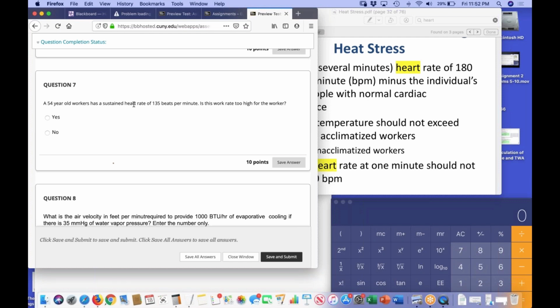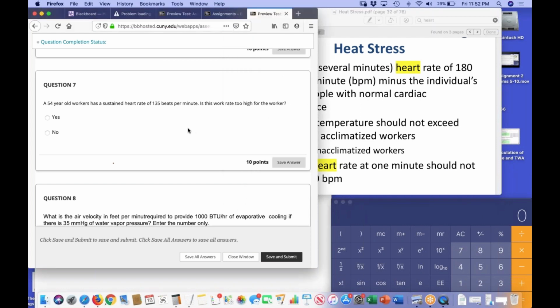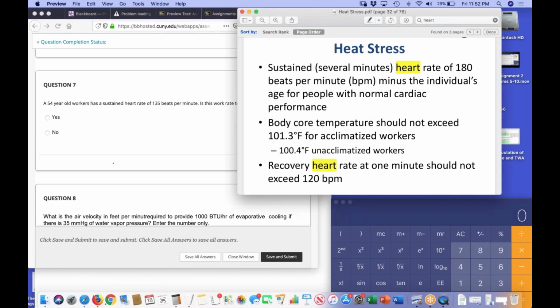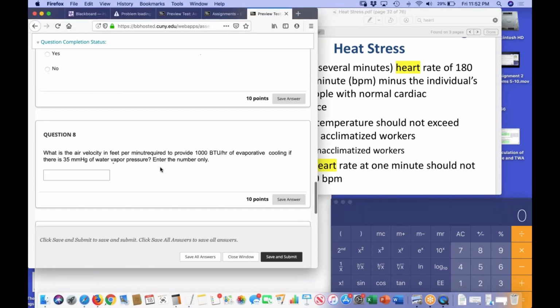So 180 minus 54 is 126, and his heart rate of 135 is more than the maximum heart rate that he should be sustaining over a period of time. So the answer to this, is this work rate too high for the worker? The answer would be yes.